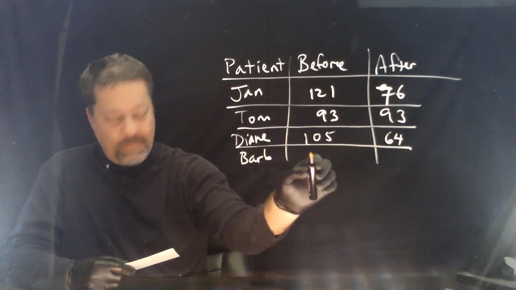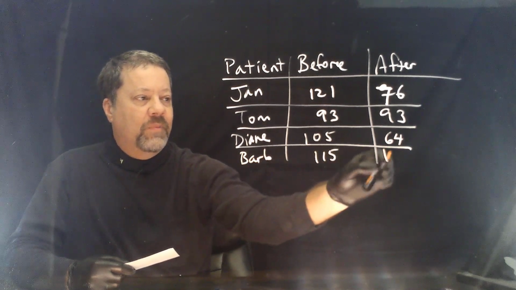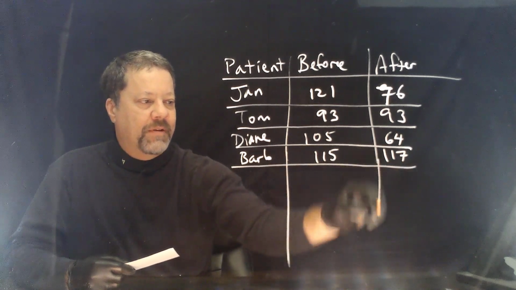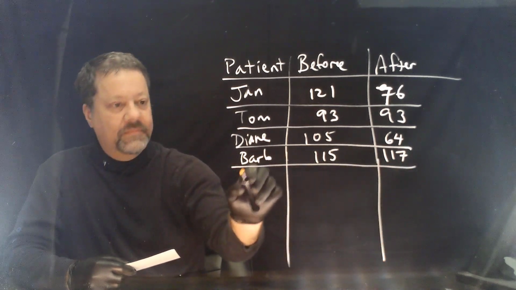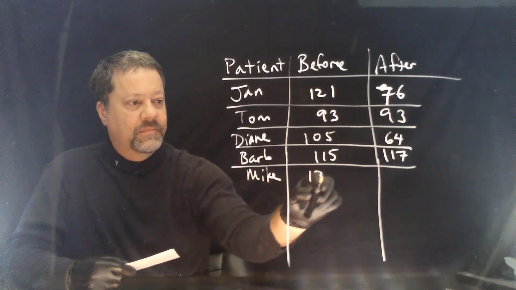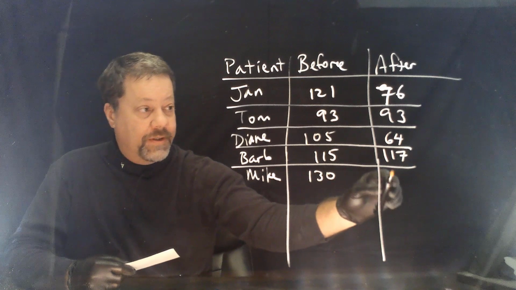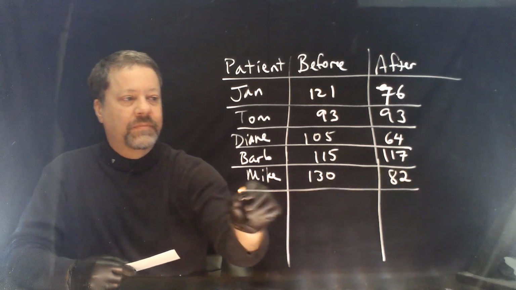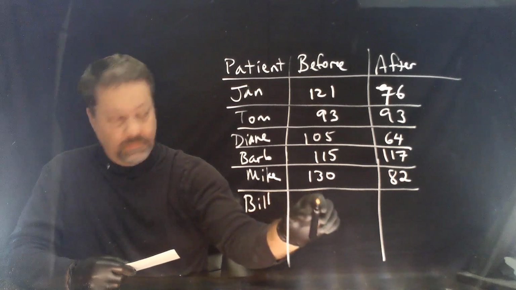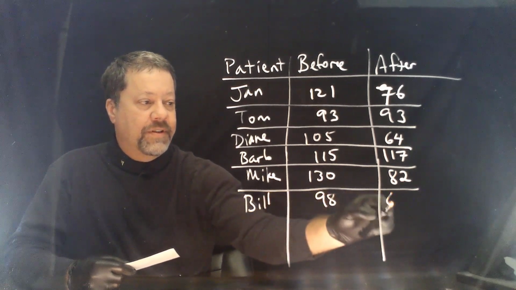Barbara, 115, 117. Counseling did not seem to help Barb. Mike, 130 versus 82. Bill, 98 versus 80.